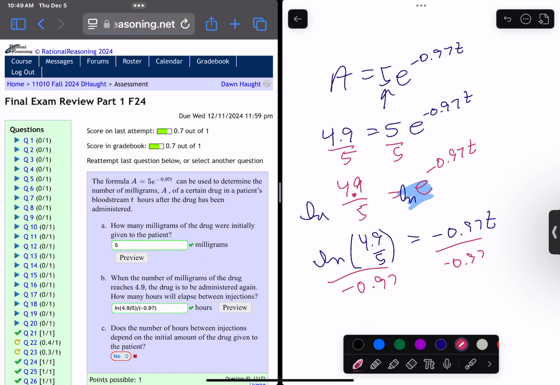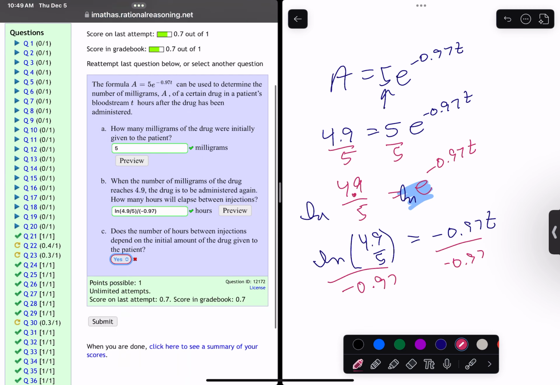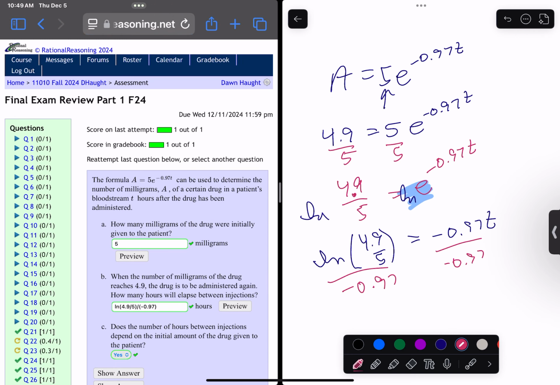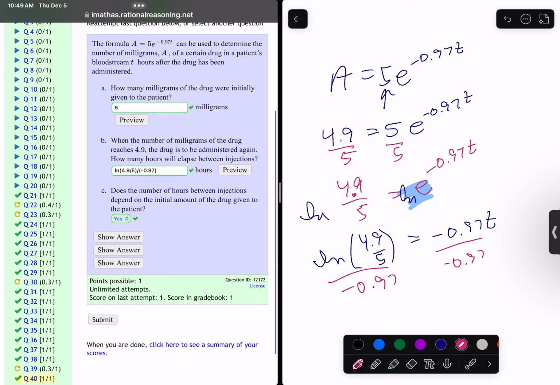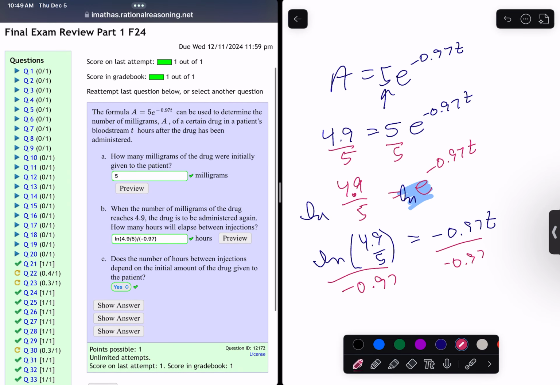I don't know. We're going to see. Oh, it is, yes. Then. Does the number of hours between injections depend on the initial? Well, okay, so if they gave you an initial amount and they can't give you more until so much of it has disappeared, I guess. Okay. So, guess what? Part 1 is done, but you still got part 2 to do. So don't give up now. We're almost there. iMath is almost done. Good luck. There you go.